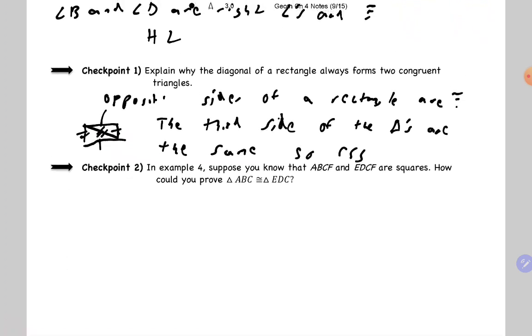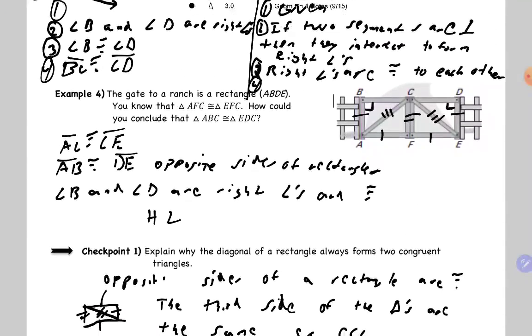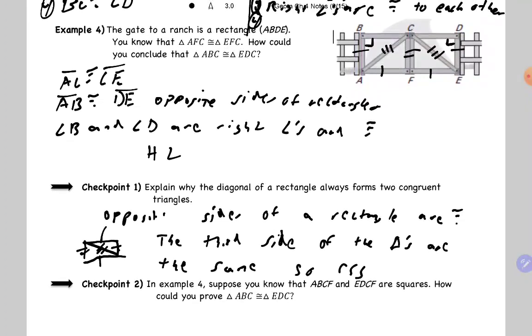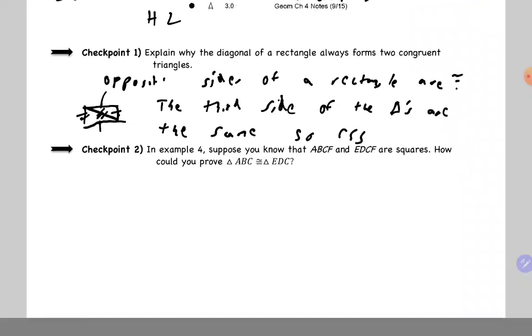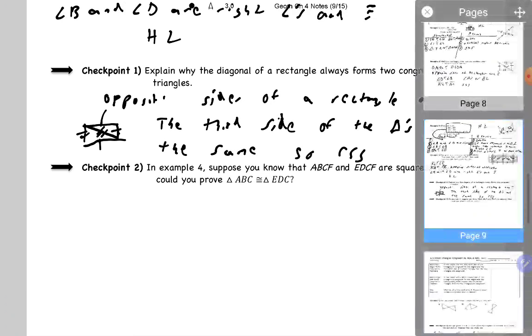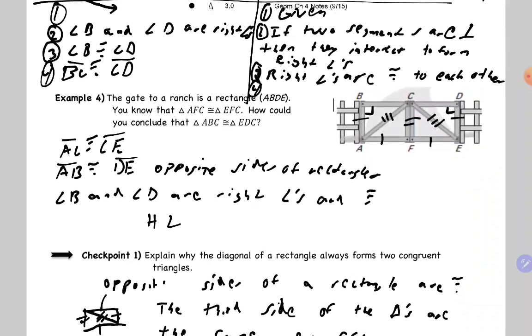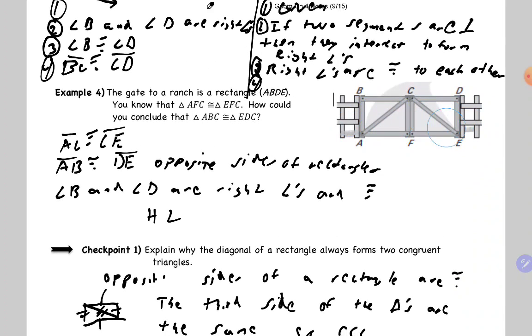In example 4, suppose that you know that ABCF and EDCF are squares. How can you prove that ABC is congruent to EDC? So ABC, the top left again, to EDC, top right. Well, if you know that they're squares, I'm going to skip ahead on this one, but basically, let me erase the picture.